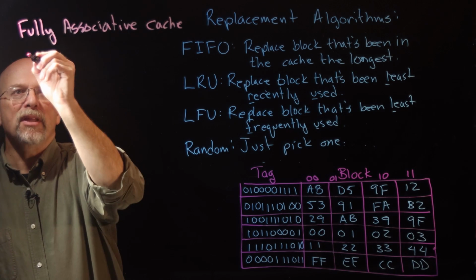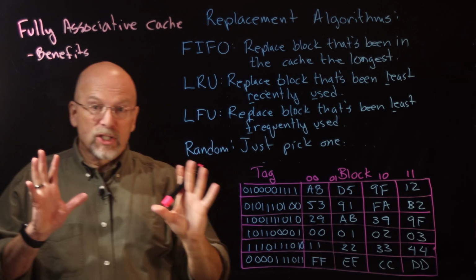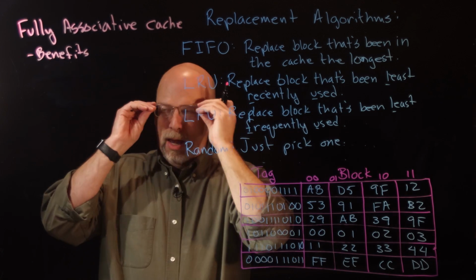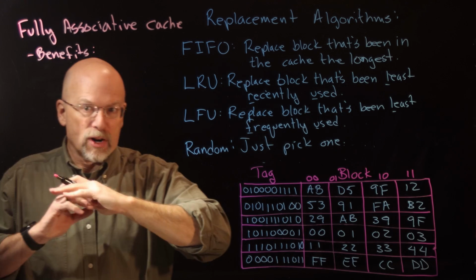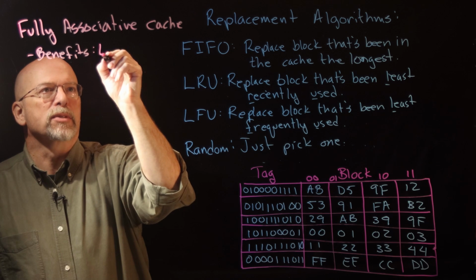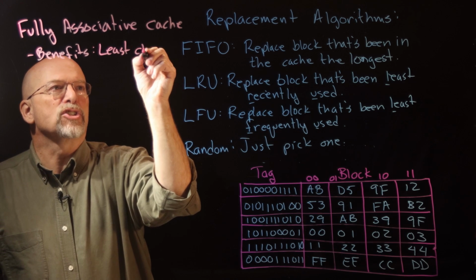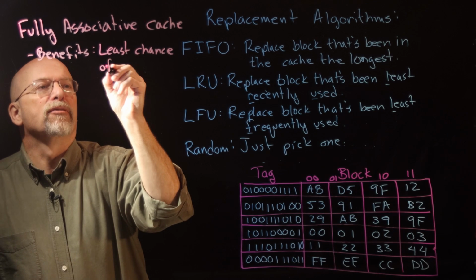Now, the benefits. First of all, and we haven't talked about any of the other mapping algorithms yet, but one of the things that's really important is that as far as all the mapping algorithms, this one has the least chance, in fact, it has no chance, of thrashing.